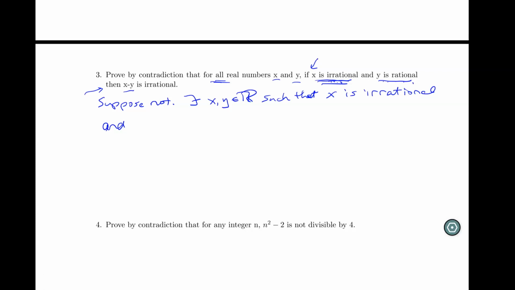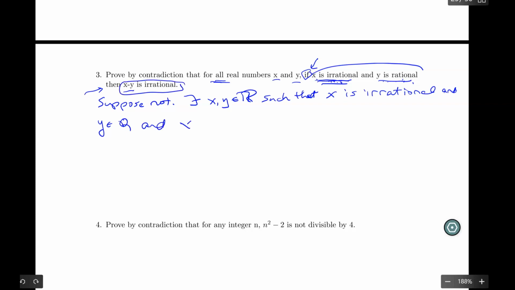Oh, I'm sorry, I forgot, all of this is the if. So I have to say and y is rational. Remember, y rational is q. So this and not this. x minus y, I could say not irrational, or I could say it's rational. So the negation of the if-then is this and not this.